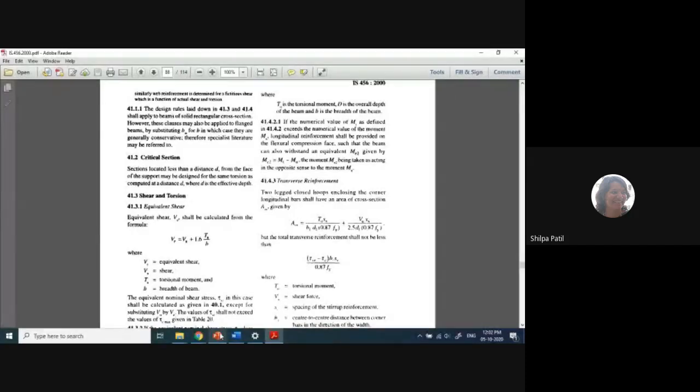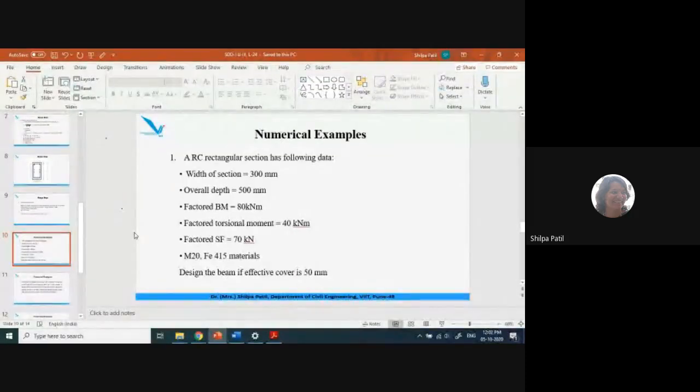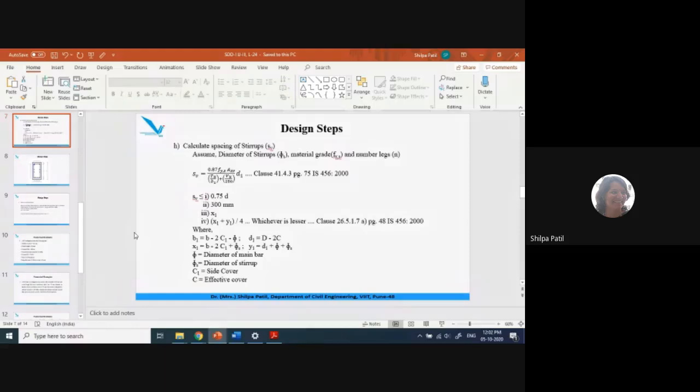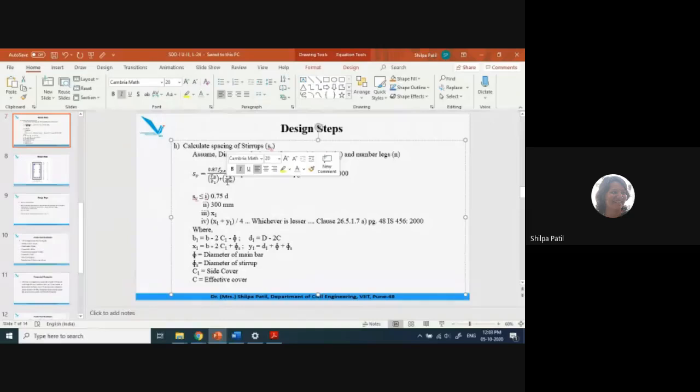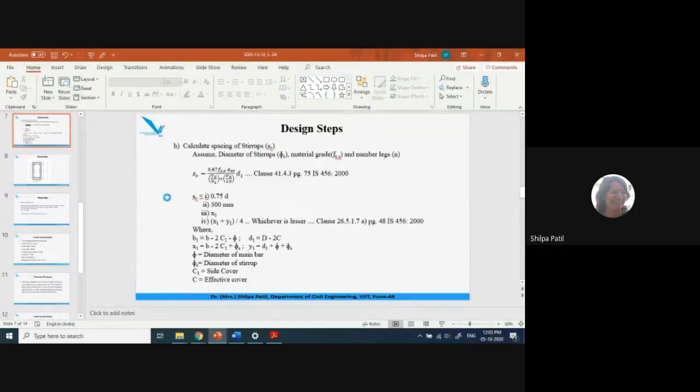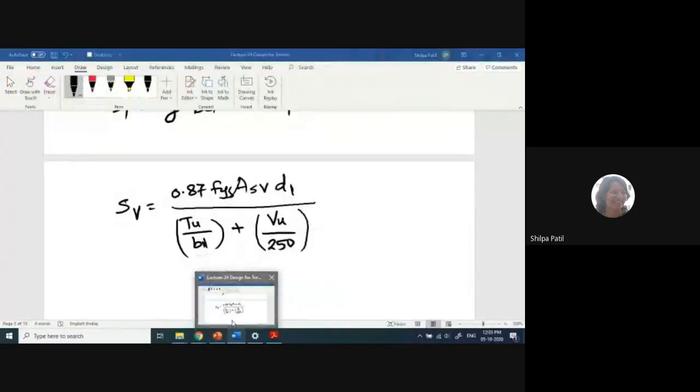Did I make a mistake in the PowerPoint presentation? Let me check. Yes, this is 2.5, not 250. Make the correction in your notes also. This is 2.5, not 250.